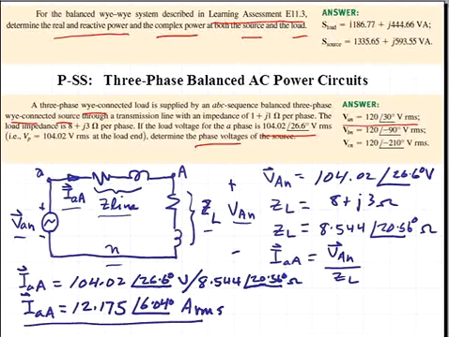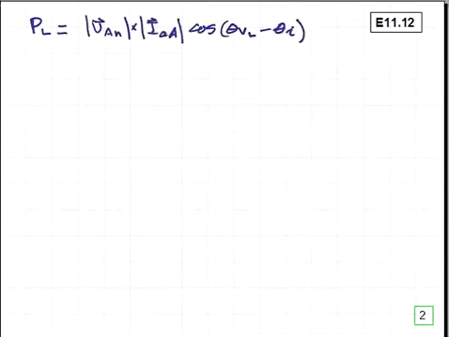So now we can proceed to solve for the power, real and reactive, associated with the load end of this circuit. The load power P sub L is equal to the magnitude of V sub capital AN times the magnitude of the line current I sub aA times the cosine of the difference in angles between the load voltage and the line current.